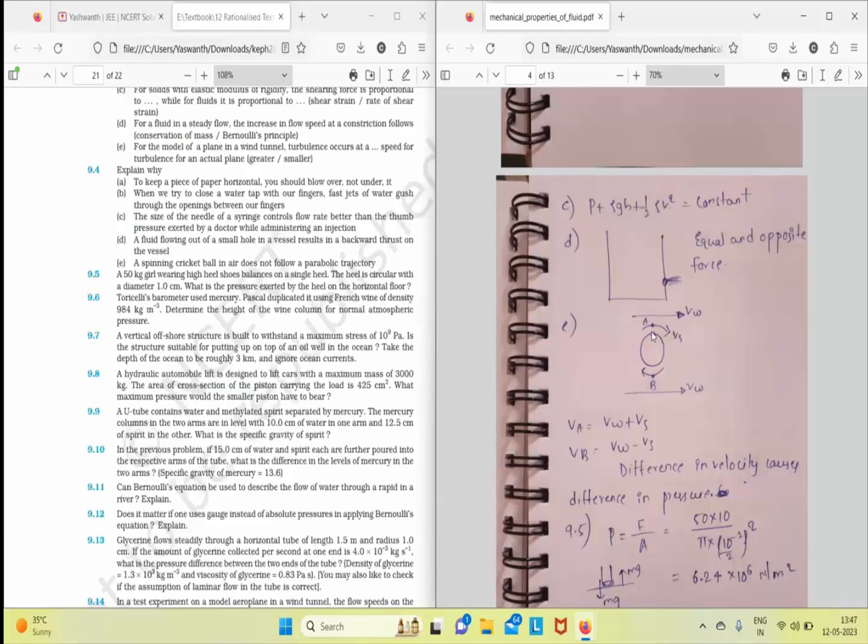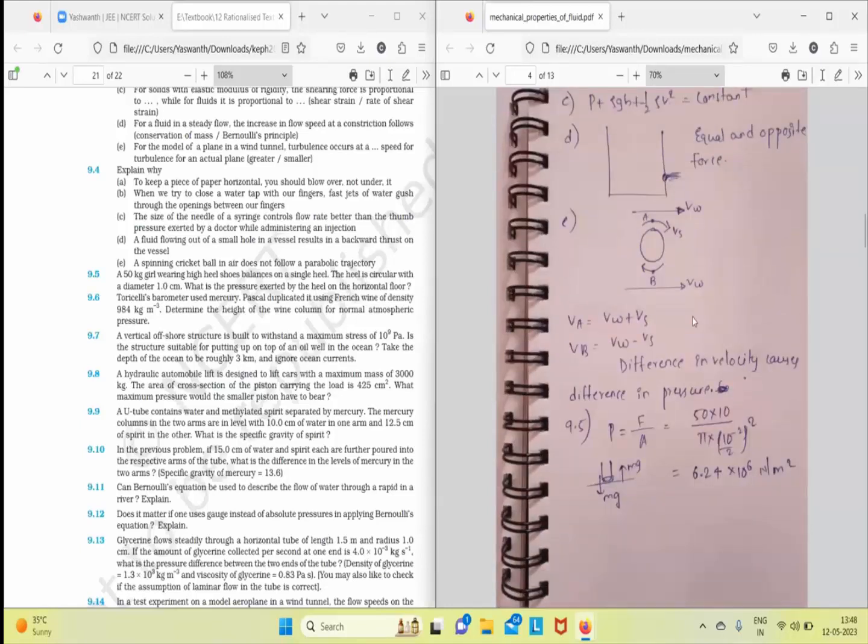But coming to B, velocity of B due to the spinning will be in the backward direction. You can observe this from the diagram. Velocity of B due to the spinning will be in the backward direction, while the direction of wind will be in the forward direction. So velocity of B will be Vw minus Vs, whereas velocity of A will be Vw plus Vs. And clearly between 2 points on the same ball, we have a velocity difference.